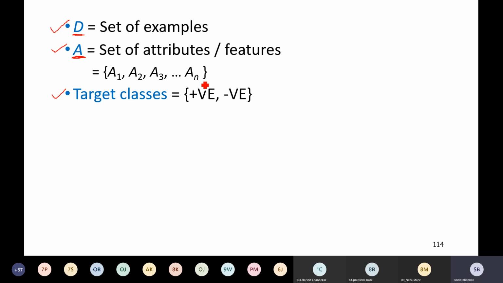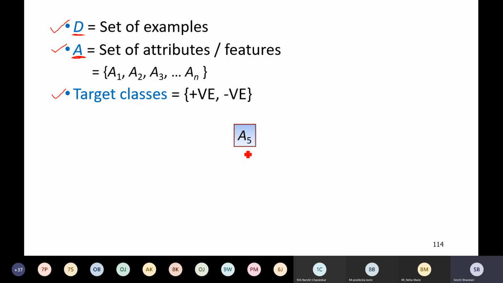Let us assume that out of these n attributes A1, A2, A3 up to AN, we pick attribute A5 as the root node. Once we have picked A5 as the root node, we look at the possible values of this attribute A5.